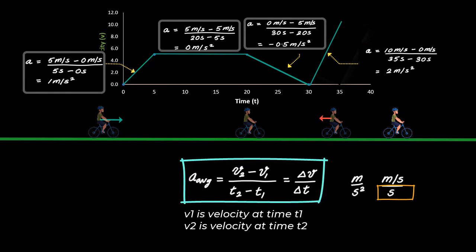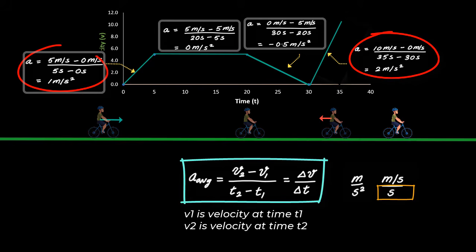So if you compare this acceleration with this one, what you can say is that the acceleration here is twice that over here, which means velocity change is twice as fast as here. So here every second velocity is changing by 2 meters per second, and here every second the velocity is changing by 1 meter per second.